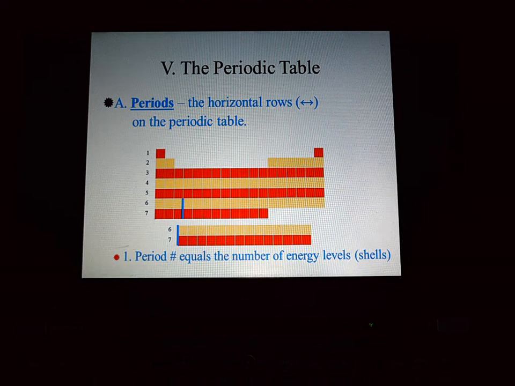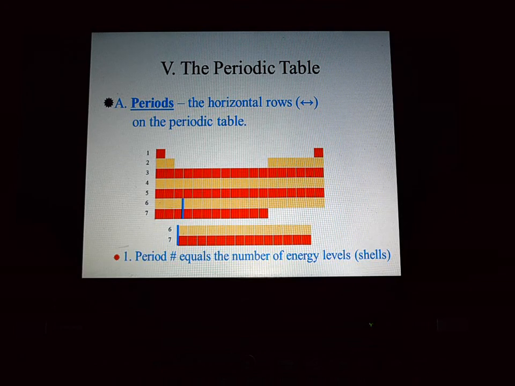Please note, the row number is the period number: how many shells have electrons in them? Sodium, which is right there, is the first one in the 3rd row, which means it's a period 3 element, and it has electrons in 3 shells. So notice 3rd row, 3rd period, 3 shells.